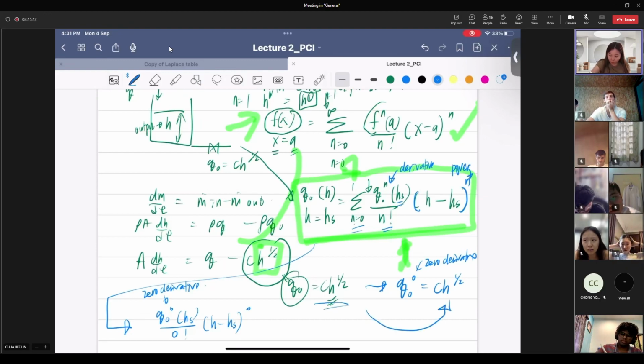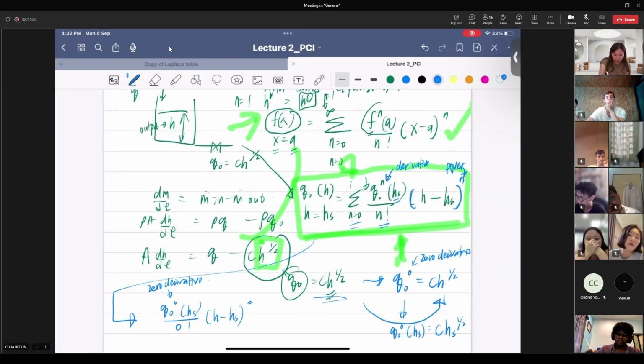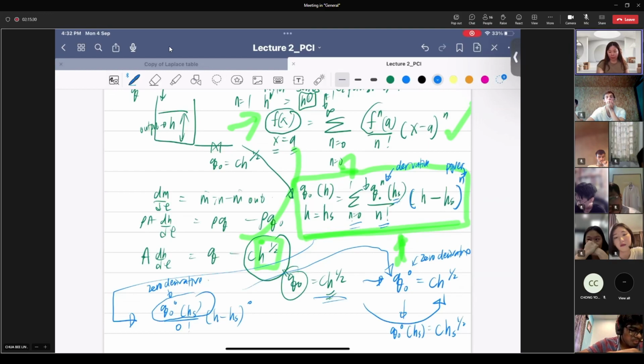When you have Q0, the zero-order derivative, h_s, then this one will be C h_s^(1/2), which you already solved. I will put it here. The answer is C h_s^(1/2). So this one is the power.